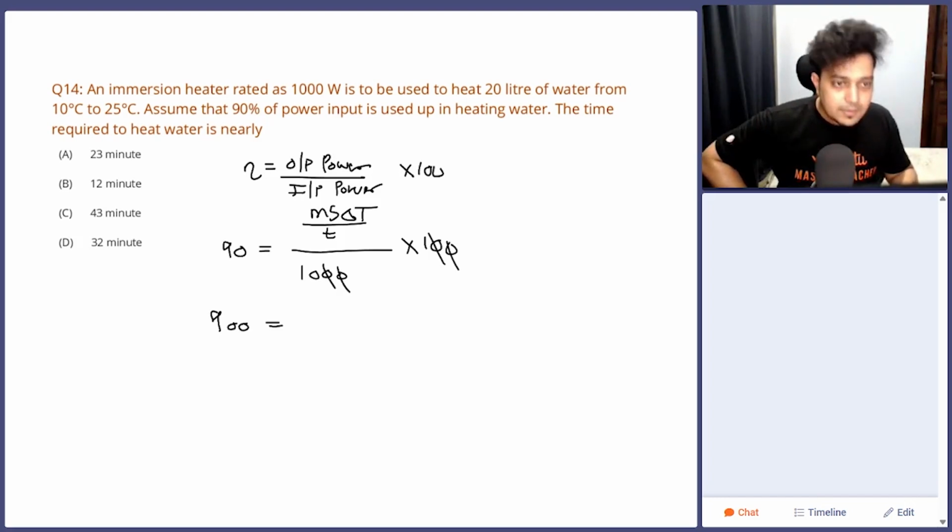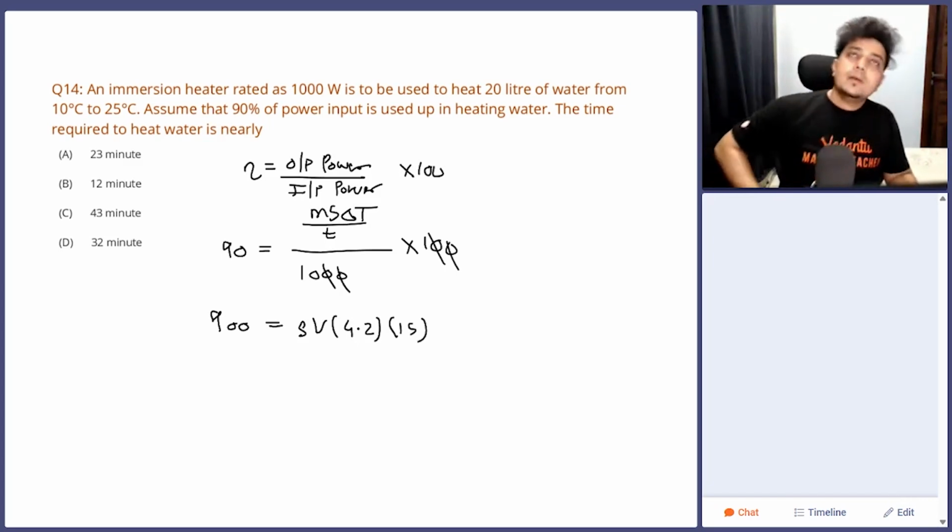We'll get 900. Okay. Now the mass of the water can be written as the density of the water into the volume of water. The specific heat capacity of water will be 4.2 if I solve in SI unit. Then delta T is the change in temperature, which is 25 minus 10, 15. And what we have to calculate?